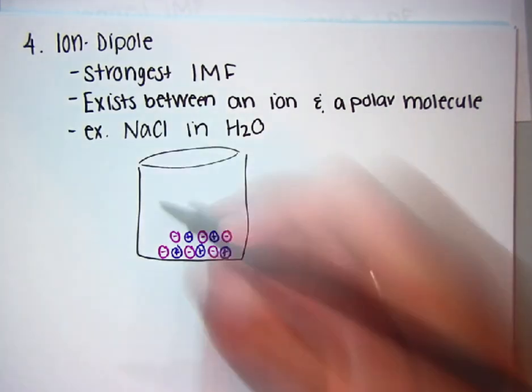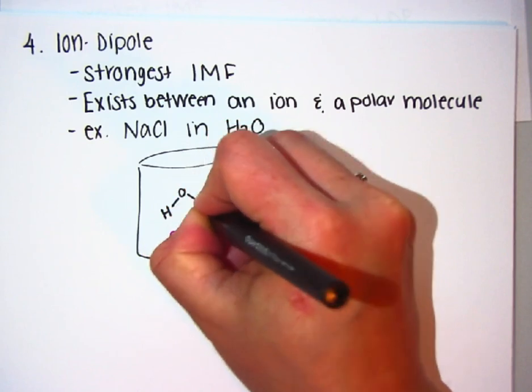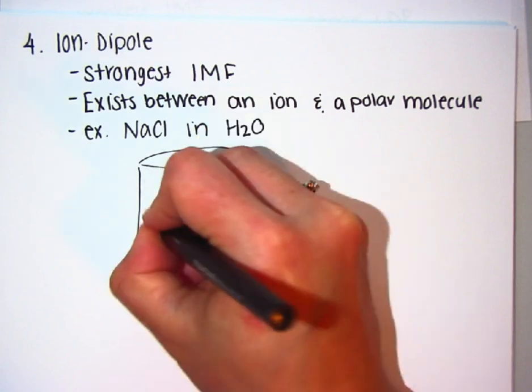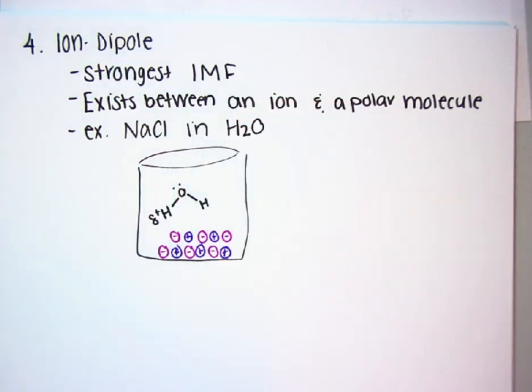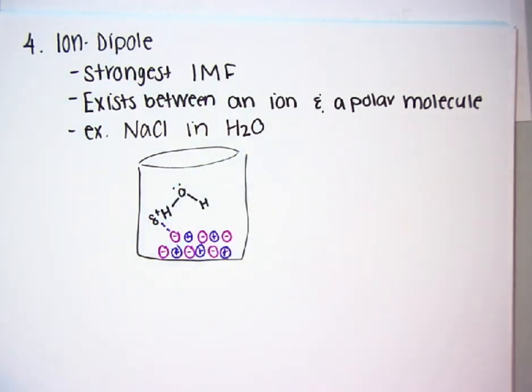So if I were to put water into this beaker, hydrogen has that partial positive charge. It is going to be attracted to the negatively charged ion.